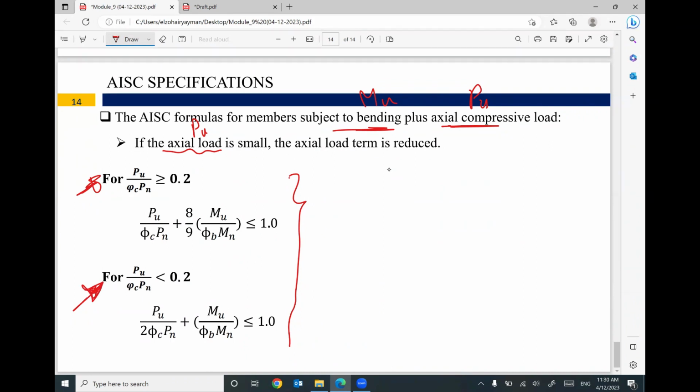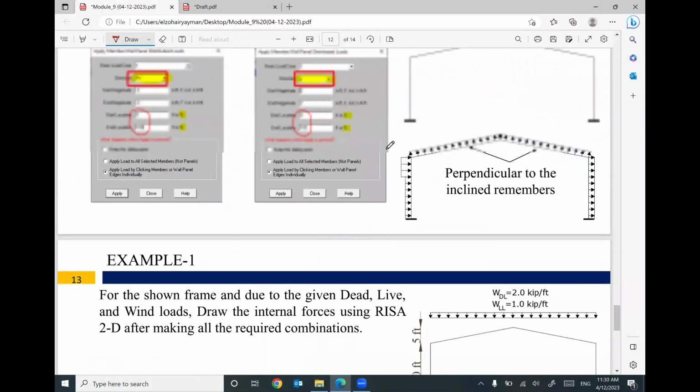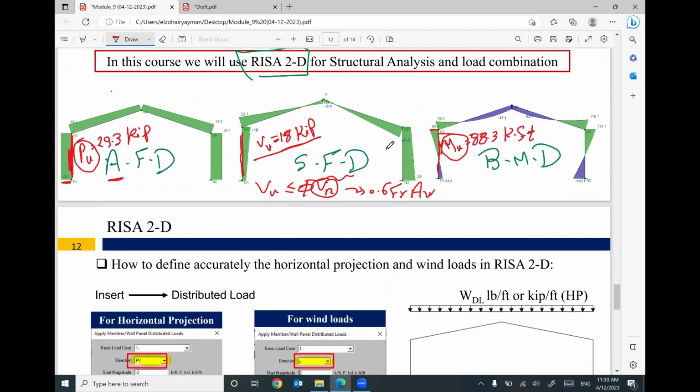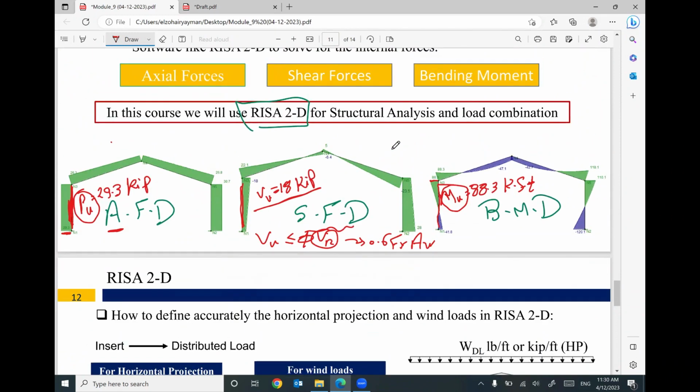This is the reason why we covered many cases for your design, because for your frame, we will have 3 diagrams: axial force, shear force, and bending moment. So sometimes we have shear, sometimes we have moment and axial force, both of them at the same time. So we need to design our member by considering this case.